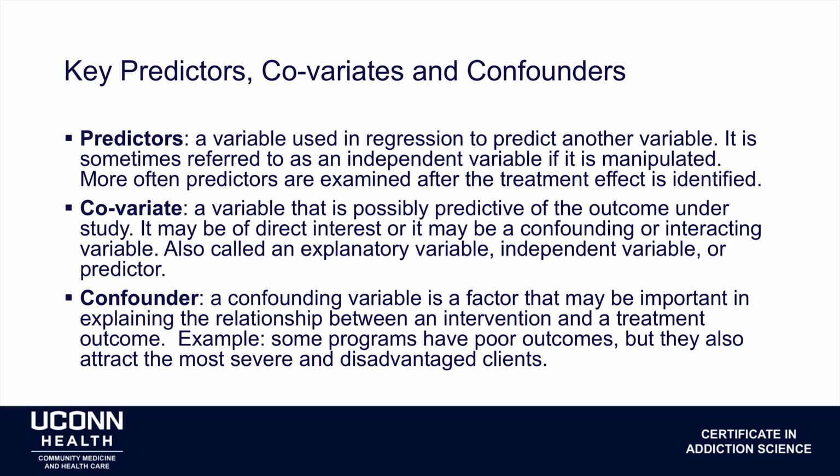And covariates can be used to explain things, or they can be used to predict things, or they can be used just to control for variance between groups assigned to different conditions, so you can see the direct relationship between the type of treatment intervention they received and their outcomes.